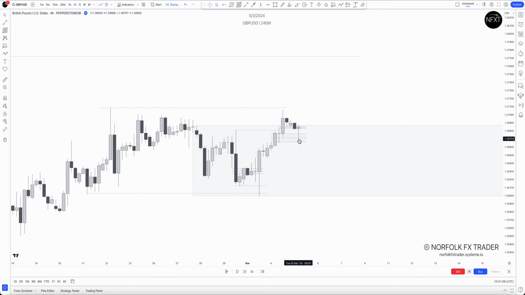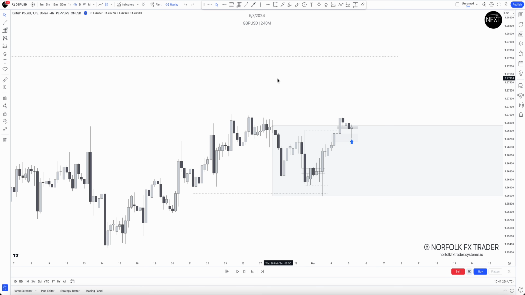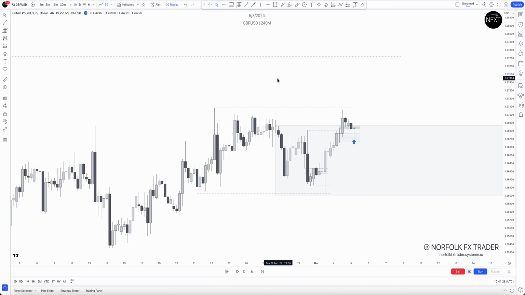So we've just come back to the 50% of this pre-imbalance once again and held this imbalance. That indicated straight away that we could head higher to take out this high and run this high that we haven't yet taken.